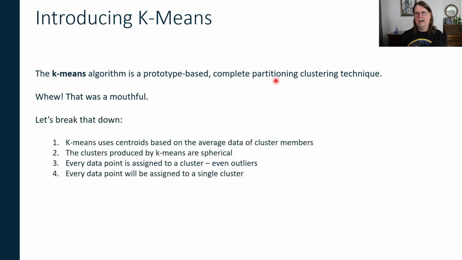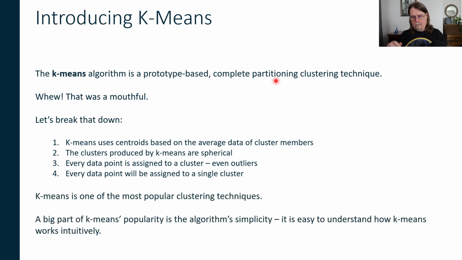So here's that all written down for you. If you decide to get the files, of course, you'll get the PDF of the slides, and that'll be in there. Okay. Now, k-means, this is a bit of a lie, I gotta admit. I say in the slide here that k-means is one of the most popular clustering techniques. That's not true. It is by far and away the most popular clustering technique used in real-world business analytics. And the reason for this is twofold. First up is the algorithm's simplicity.